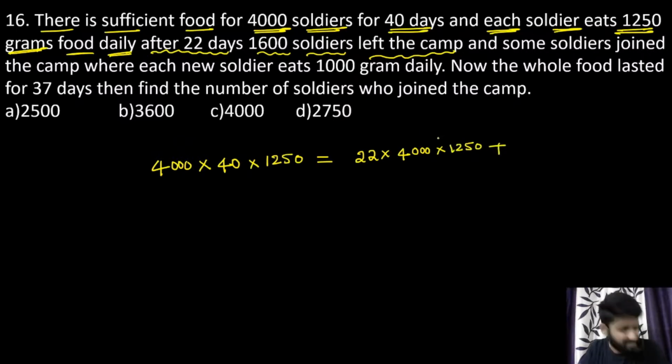After 1600 soldiers left, we now have 2400 soldiers. So the remaining work equals the remaining food. Next, some soldiers joined the camp, that is plus x, and each soldier eats 1000 grams daily.